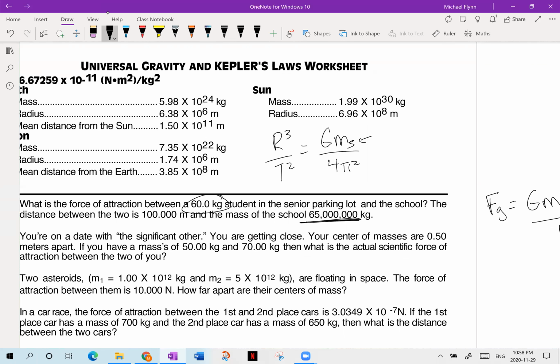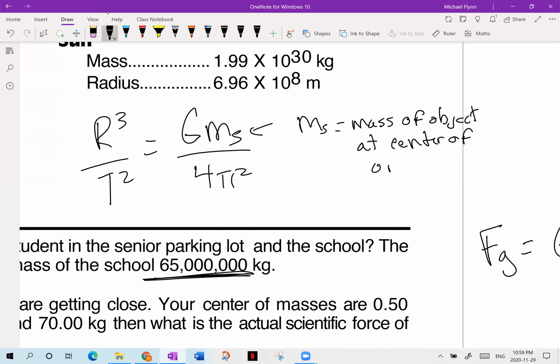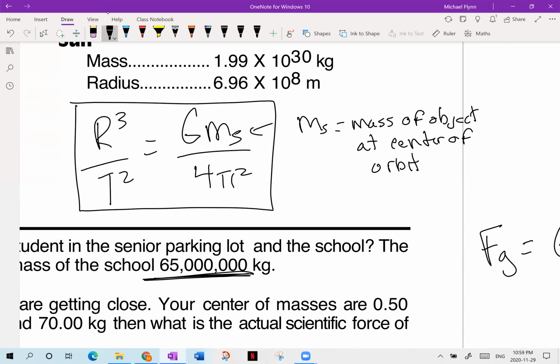Now this M_s is the mass of the object at the center of orbit. You can use this. It saves you some time and energy.